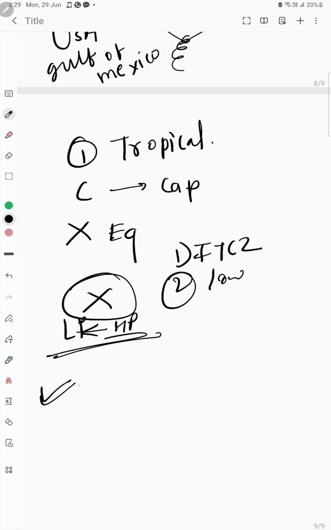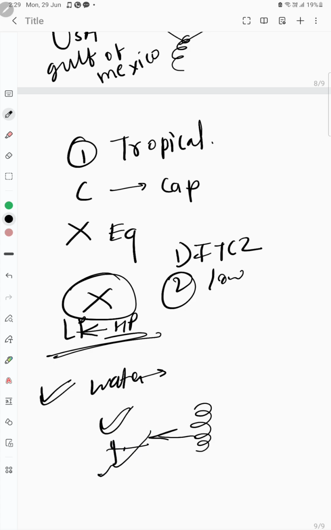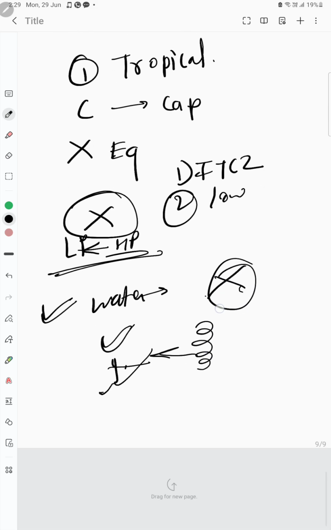This type of cyclone is found in water only, ocean only, because the latent heat of condensation, which is the heat engine of the cyclone, is not present on land. So as the cyclone formed in the ocean reaches the land, its intensity decreases and it eventually dies. So it mainly affects the coastal areas but not the inland.